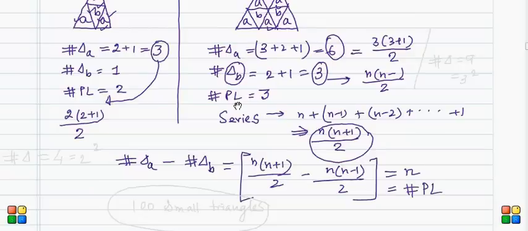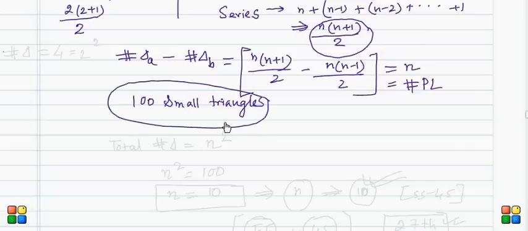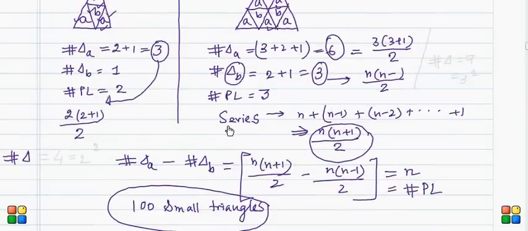Now for this specific problem instance, we had 100 small triangles. Now see how many parallel lines we need to get 100 triangles. Let's count the total number of triangles. In the first case, it's equal to 4.